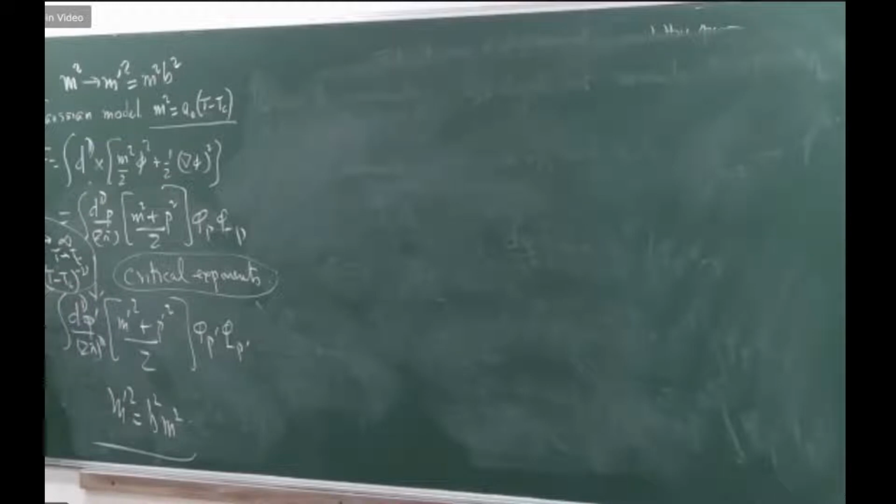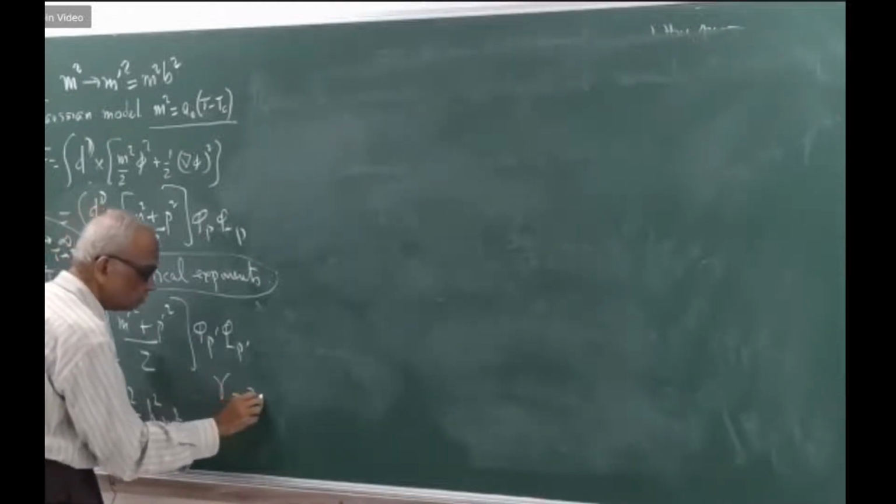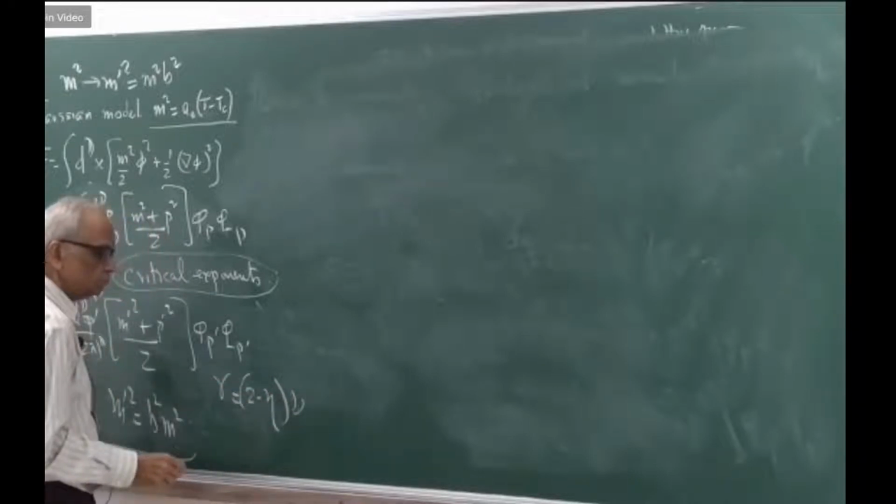So that is one of the critical exponents which is very important, and this critical exponent gets related to the other exponents like susceptibility, to which it is related by 2 minus eta times nu.